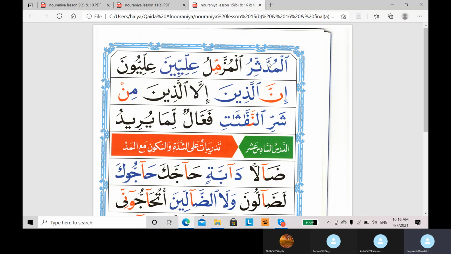But if there is shadda, I stress it: Al-Muddaththir. The difference is without shadda it is Al-Mudathir, but with shadda it is Al-Muddaththir, stressed. The next one is like Al-Muzzammil.